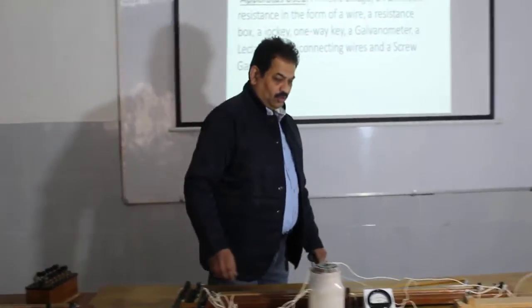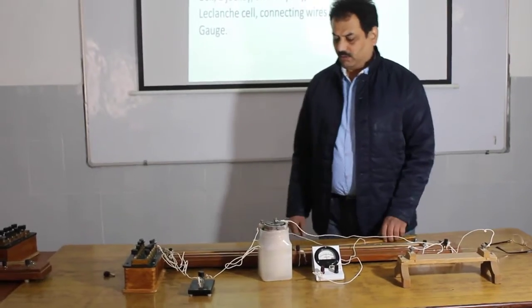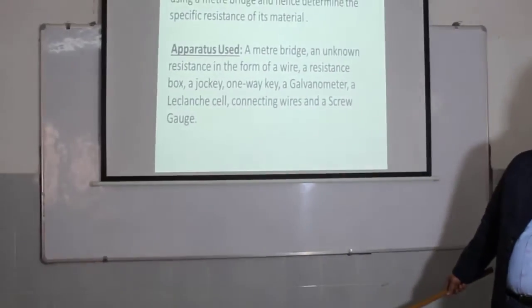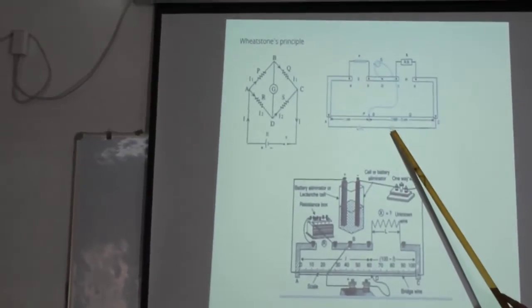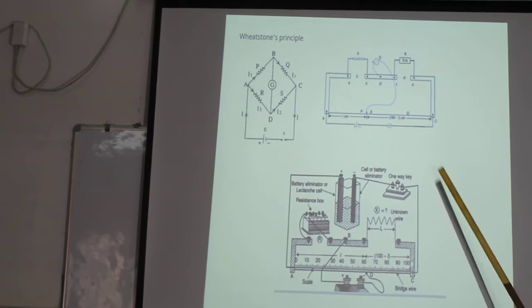To perform this experiment, all these components are connected as shown in the circuit diagram and block diagram. This is the circuit diagram and this is the block diagram for meter bridge.